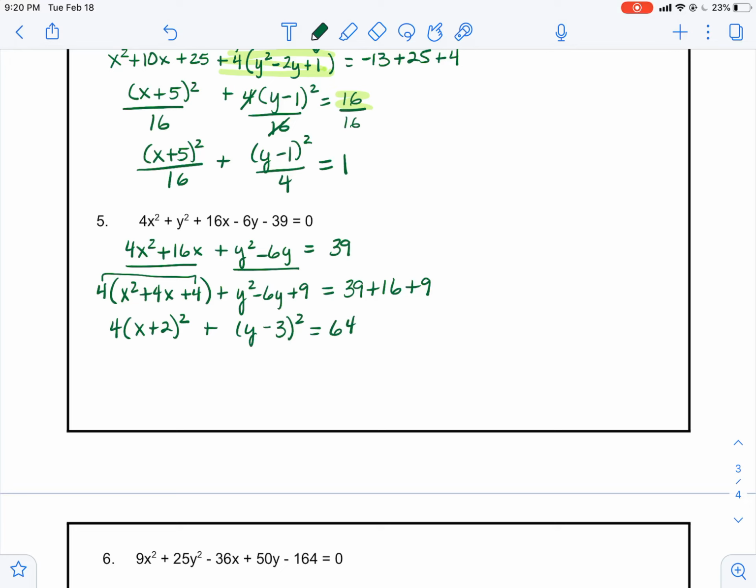Very good. Okay, and then our last step is to divide everything by the 64. So I get x plus 2 squared over 16 plus y minus 3 squared over 64 equals 1.